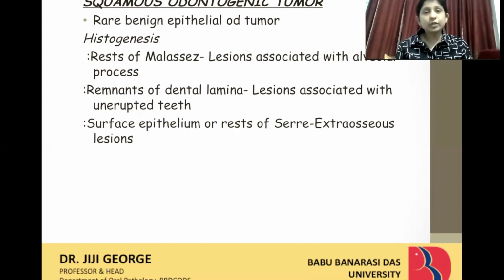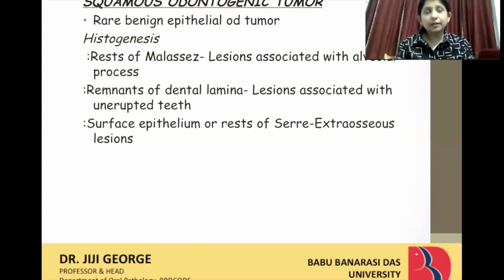So, the lesions associated with development of the root process will be seen along with the rests of Malassez. Now, coming on to remnants of the dental lamina. Lesions associated with unerupted teeth are basically originating from the remnants of dental lamina. Dental lamina remnants are also called rests of Serres.